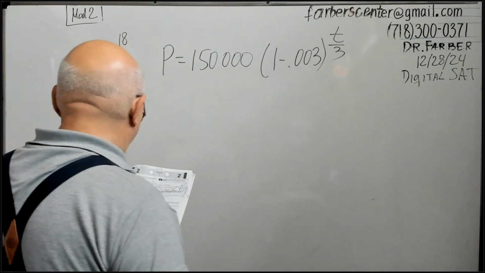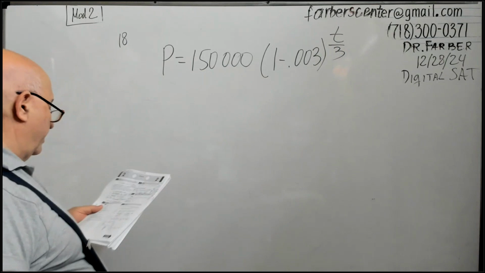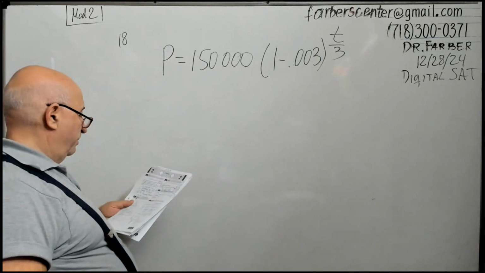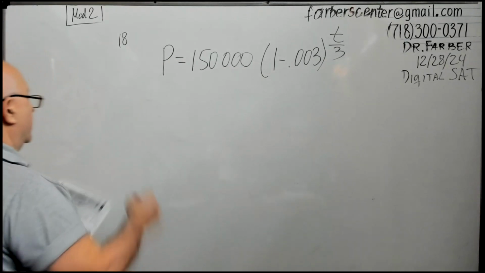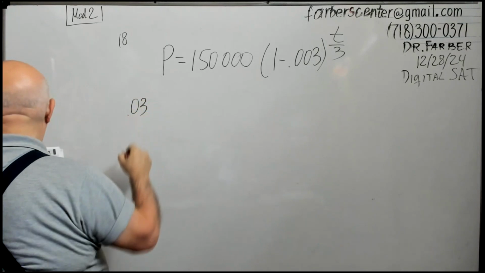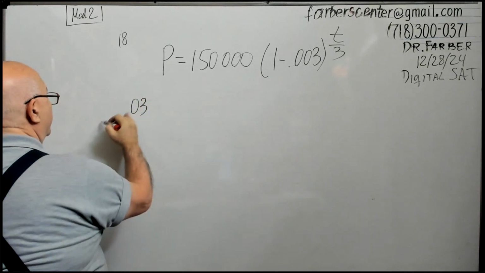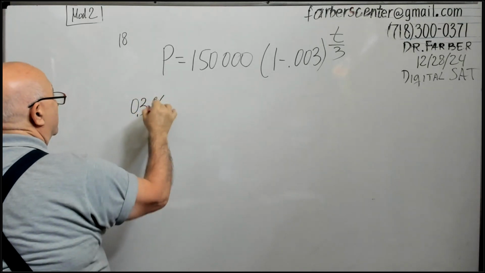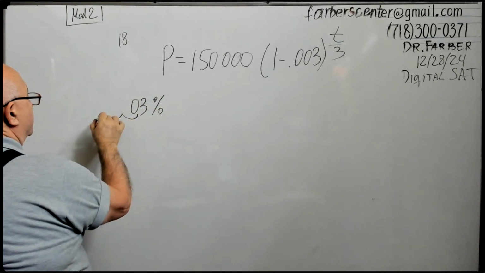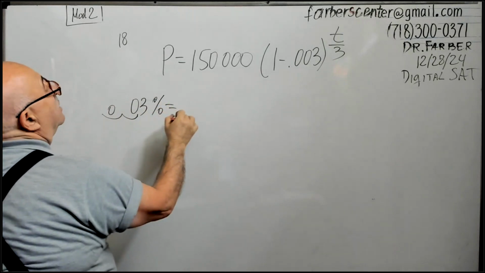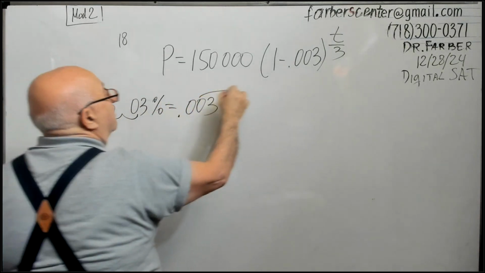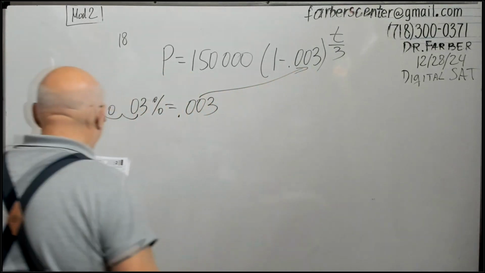And this equation above models the population of Kansas City after 1980. They decrease 0.3%. 0.3% we convert to decimals: move to the left 2 steps and put 0, it would be 0.003, exactly what we have here. Good.